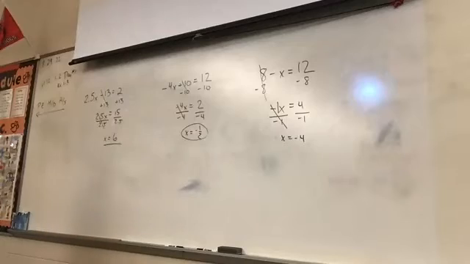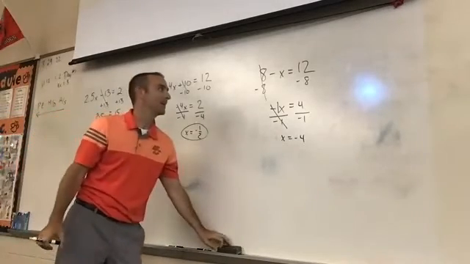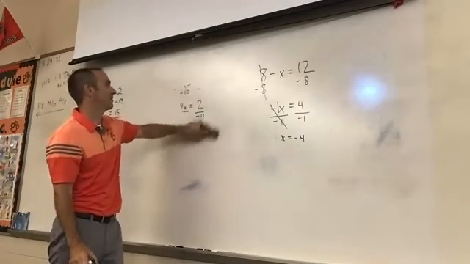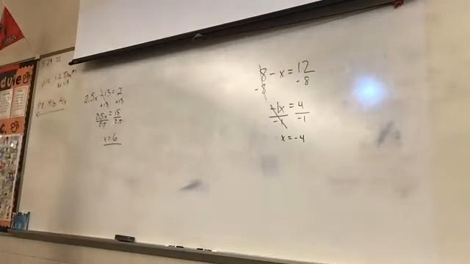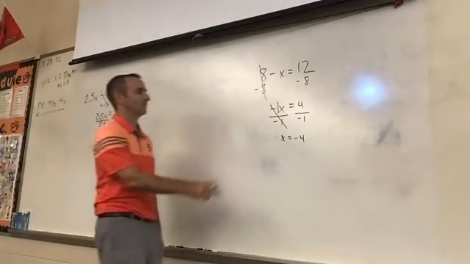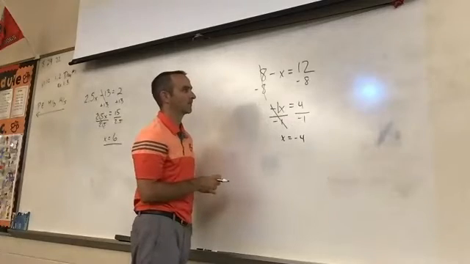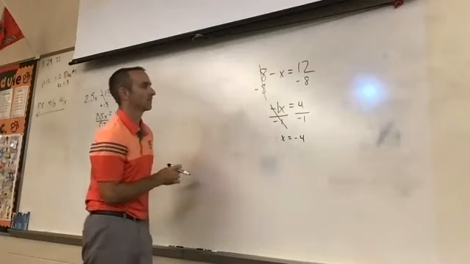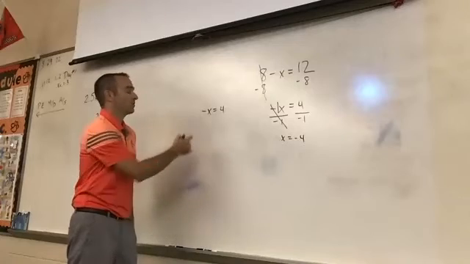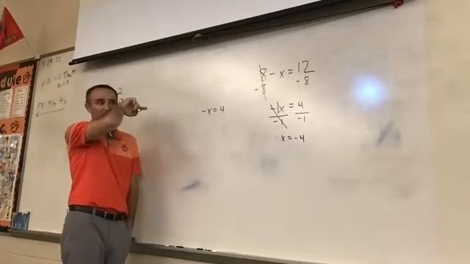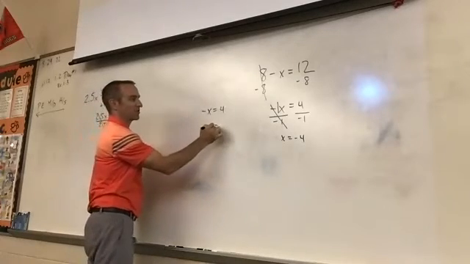I did everything above and then I just carried the negative down. What do you mean you did everything above? I did the subtract 8 and then I just got minus x and then I just thought it was x equals negative 4. Yeah, once you get here, you can just switch the signs.